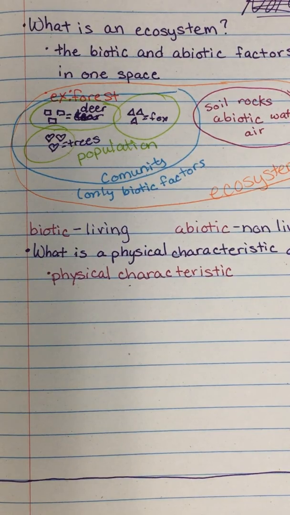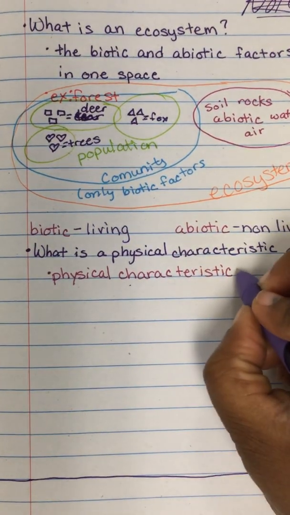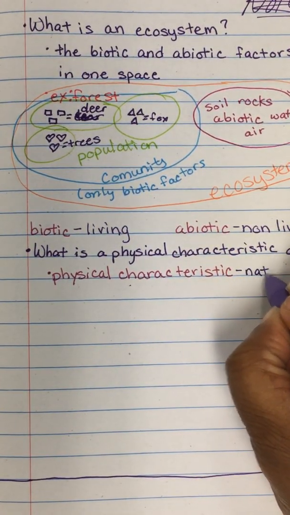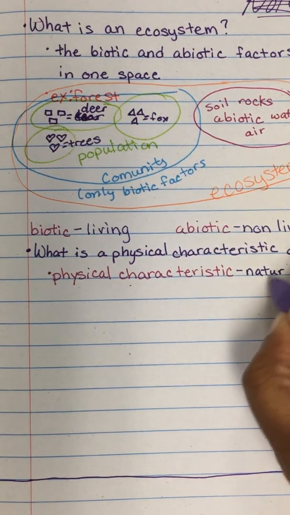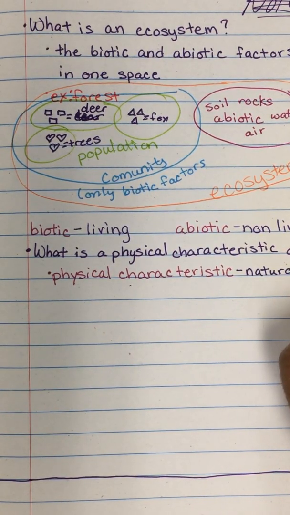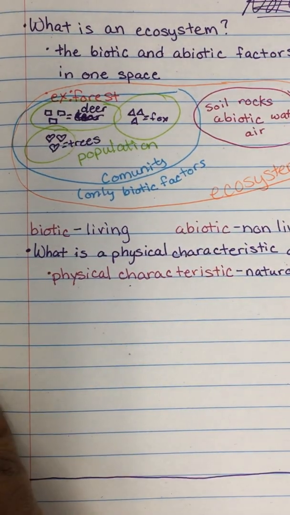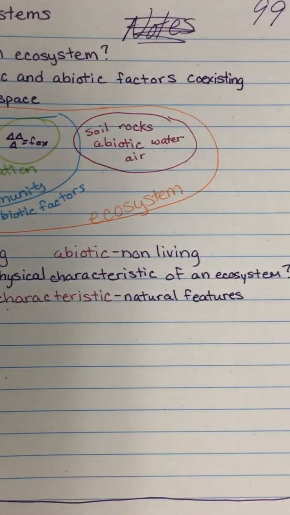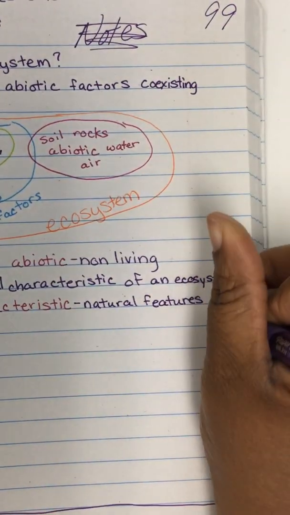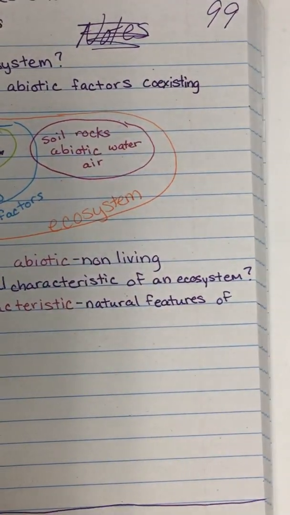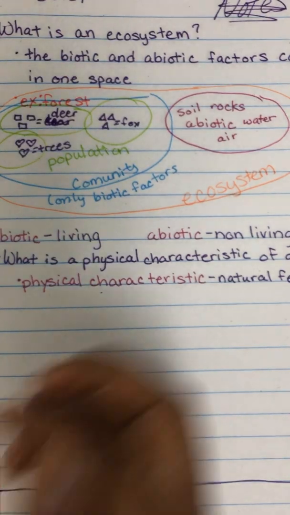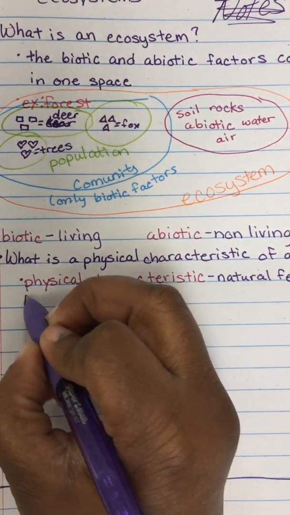In this case, a physical characteristic is going to be natural features. So nothing that people can make. Natural features of Earth's surface. Oops, capitalize Earth.